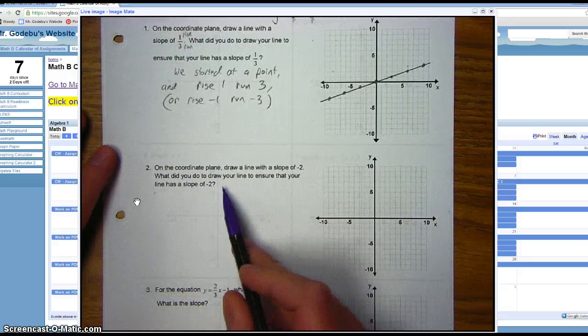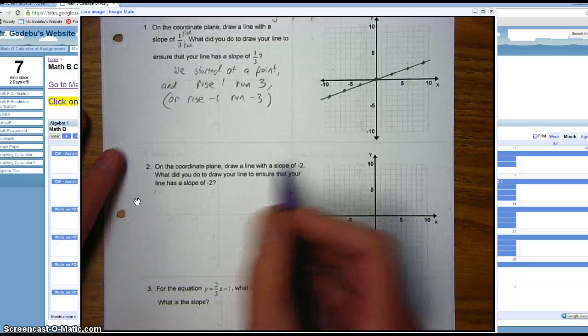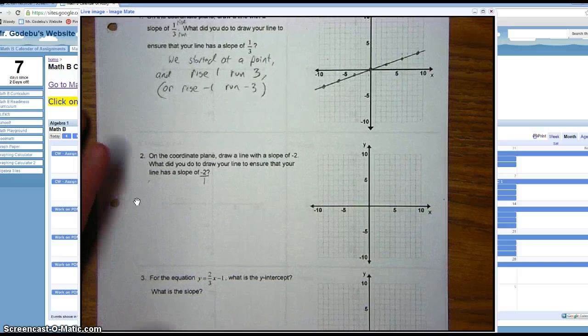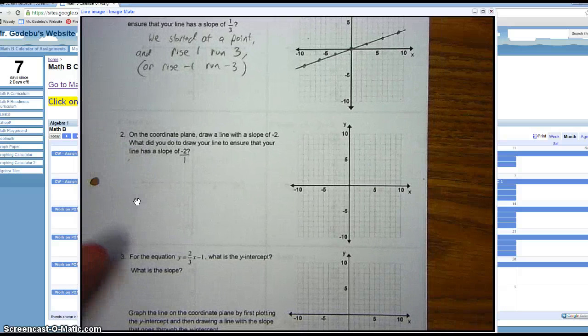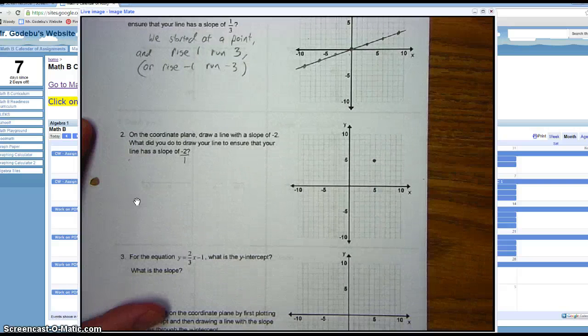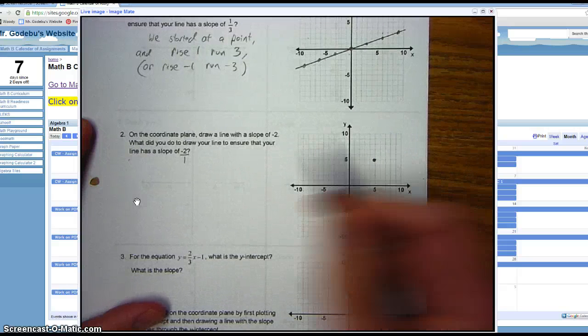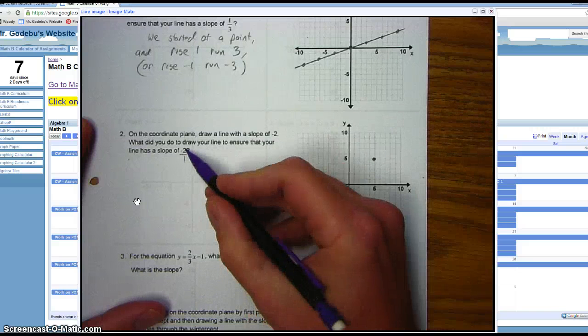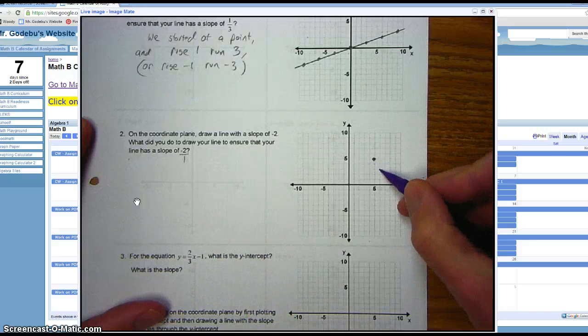What did you do to draw your line to ensure that your slope line has a slope of -2? Do that. Let's pick a different point. How about 5, 5? Put a dot there. So if I now have a slope of -2 over 1, obviously it's going to be a downhill line. So let's go down 2 and right 1.